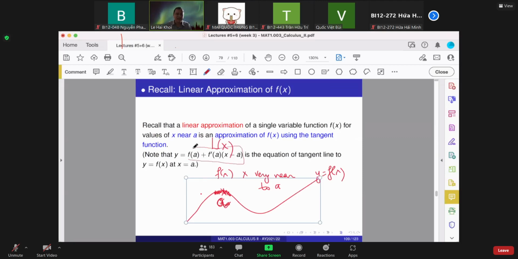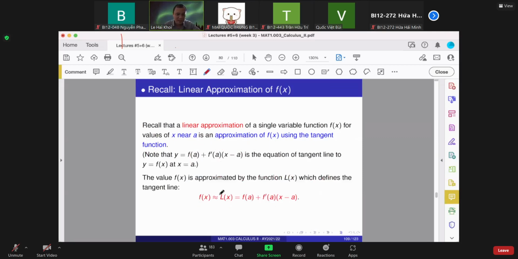That linear approximation we studied in calculus 1, right? So when x is very near a, to approximate f(x), we use this one. And this L(x) is exactly the tangent line function, right?